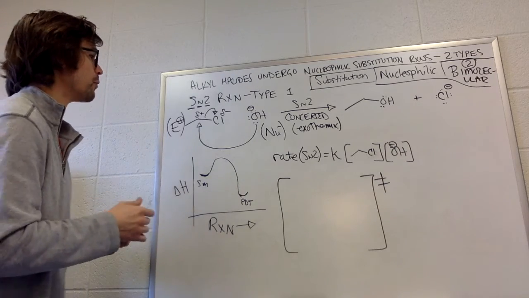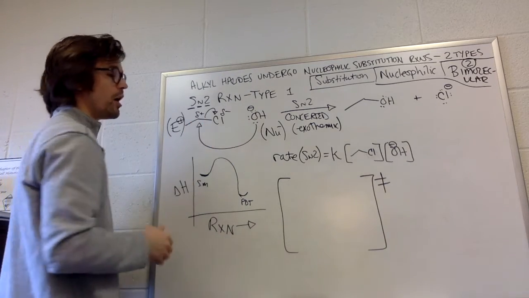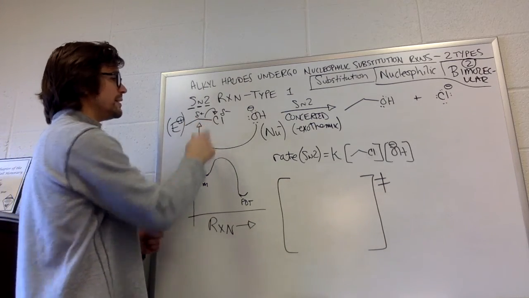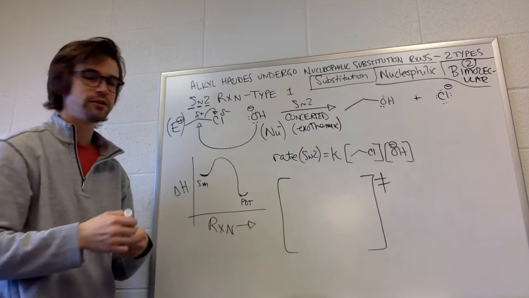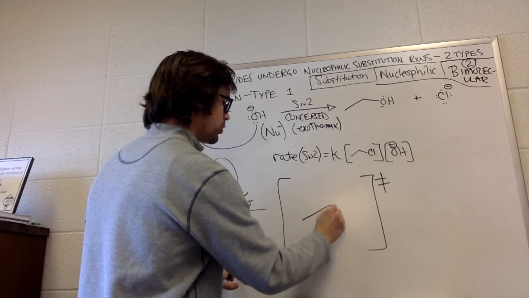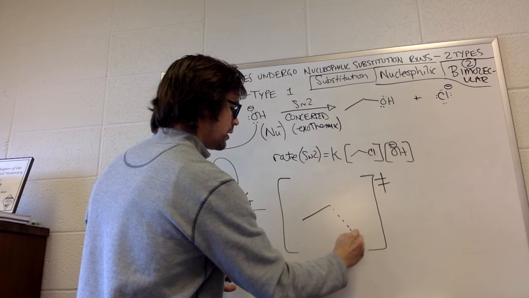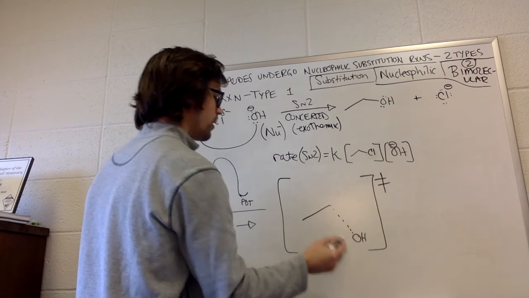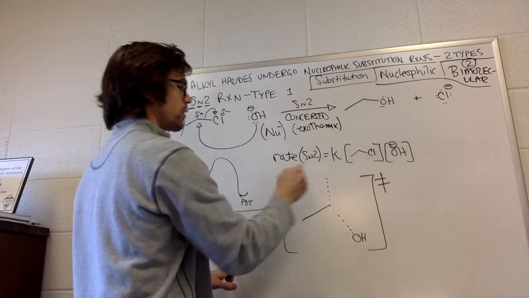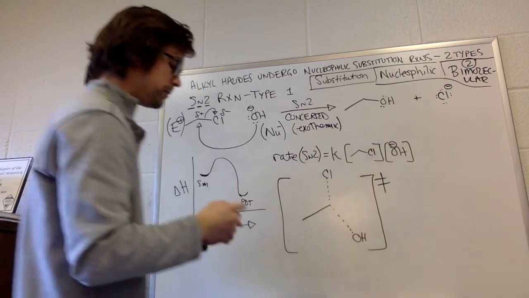The bond that was formed is an O-C bond, so that's going to be a partial bond. The bond that was broken is a C-Cl bond, so that's going to be a partial bond. So in the transition state, we have a partial bond between the nucleophile and the carbon, and a partial bond between the leaving group, the chlorine, and that carbon.